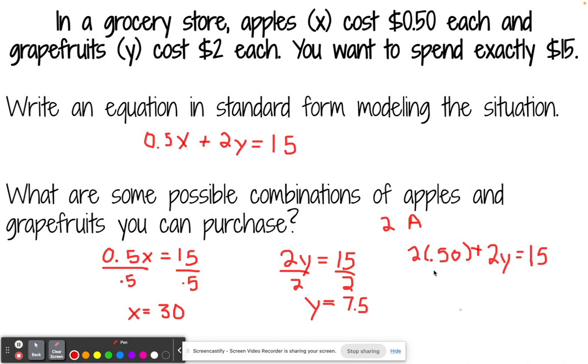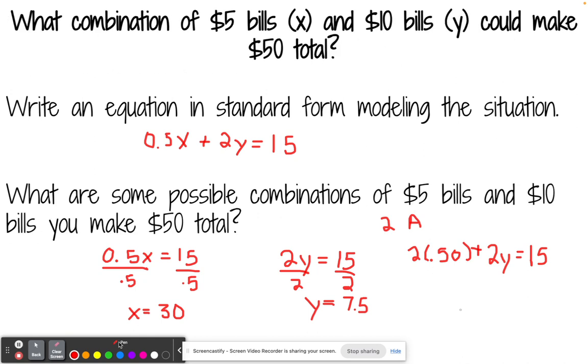So this is $1, oops, I lost my pen. Now we remember the situation. This is $1 plus 2y would equal $15.